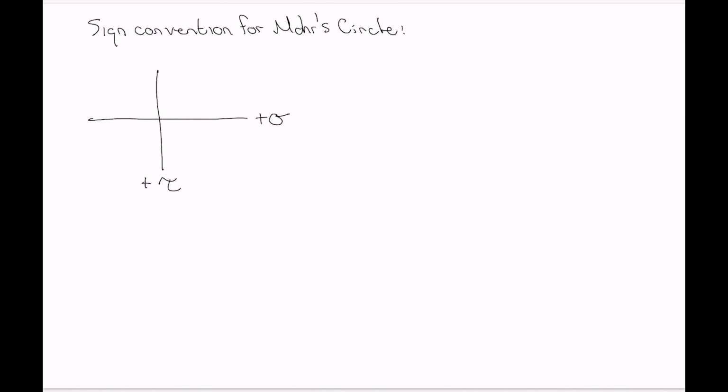So now, what is positive and negative in terms of normal stress and shear stress? Okay, so a positive normal stress is a tensile normal stress. So if we have a stress like that, this is a positive value of normal stress.